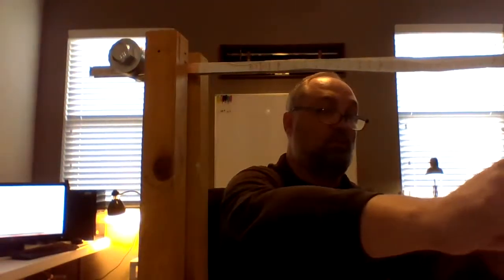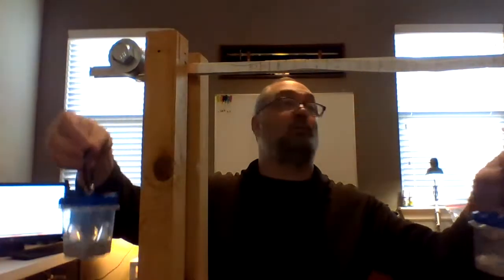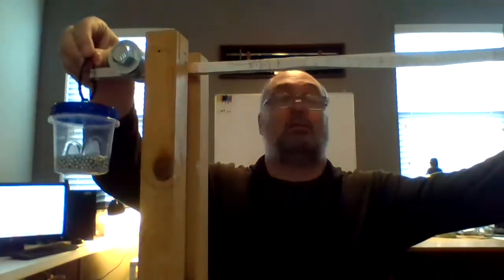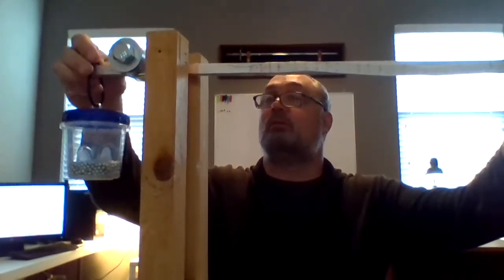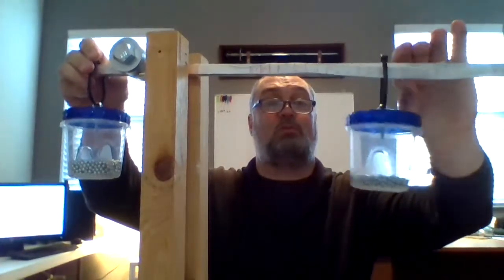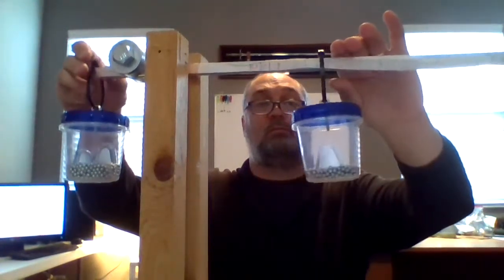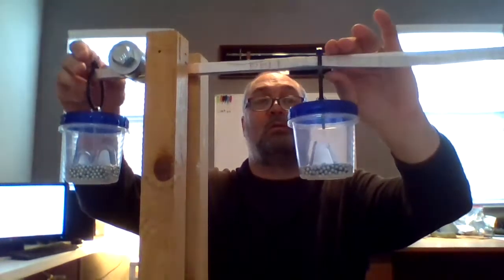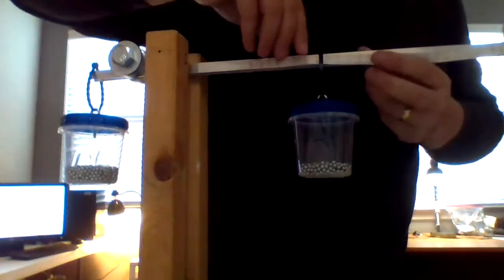And what you'll notice is here, I hold these in my hands. I go, this one's a little heavier. So I put it on this side. Put this one on this side. And then I just slowly move this one over until it's nice and balanced. That's about balanced there.